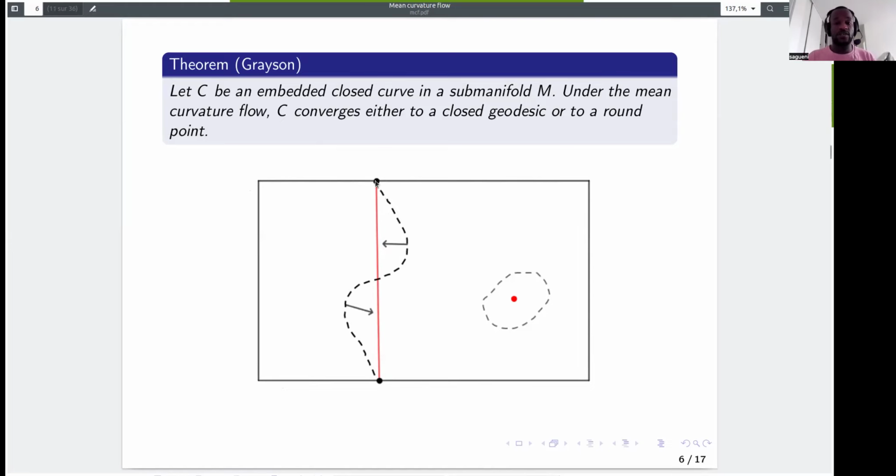So the curves that start at this point, circle around, and go back to the same point are going to converge to this closed geodesic. These curves, which don't make a loop around the torus, are going to converge to this point. So this curve is going to converge to a round point, and this curve is going to converge to a closed geodesic.